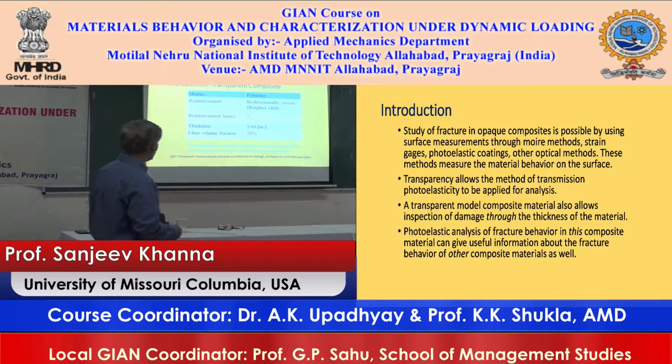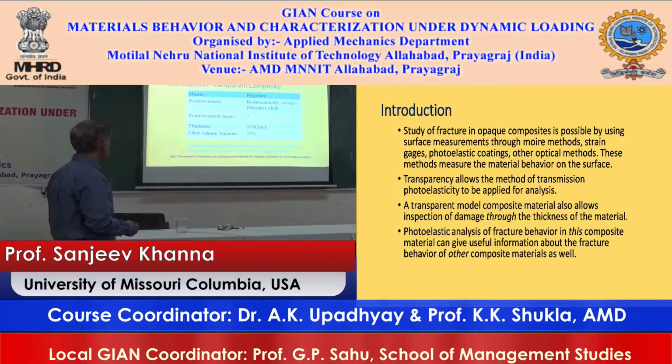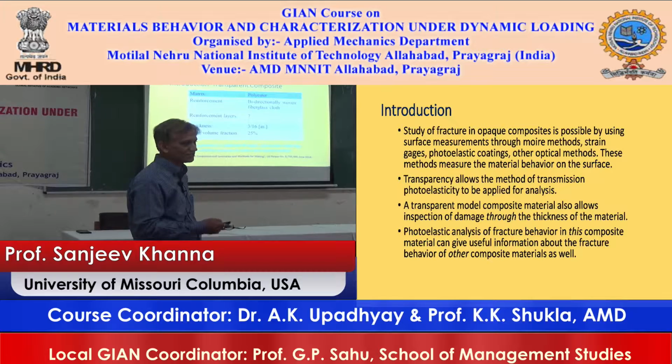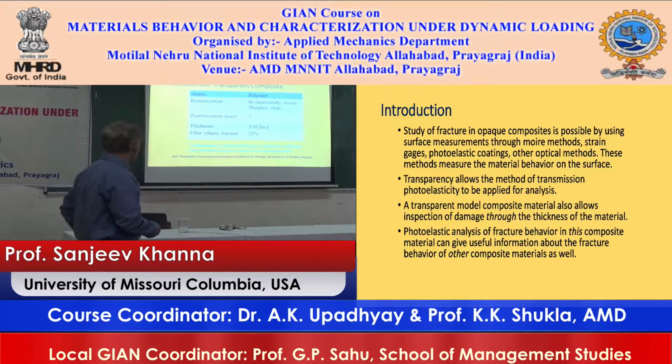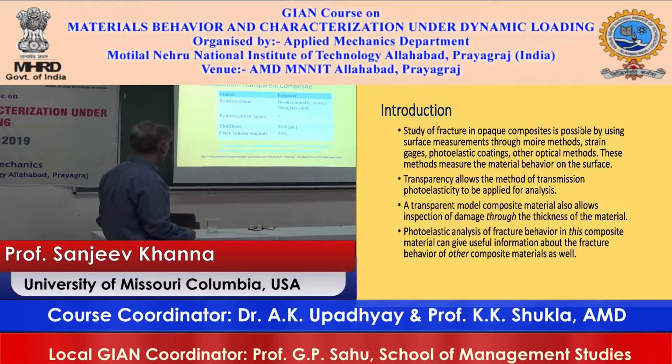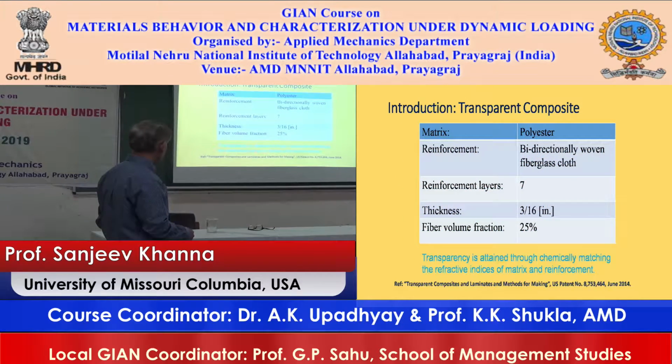We have fiberglass cloth, woven fiberglass, just like cloth, and we added 7 layers of that. The total thickness of the composite is 3/16 inches, and the fiber volume fraction came out to be about 25%. The transparency we attained by chemically matching the refractive indices of the matrix and the reinforcement.